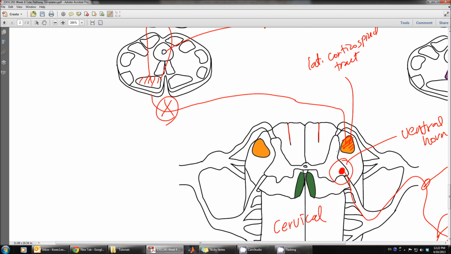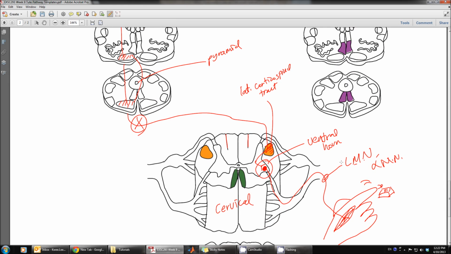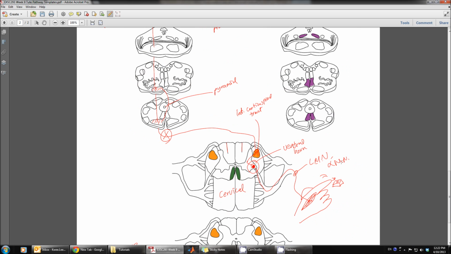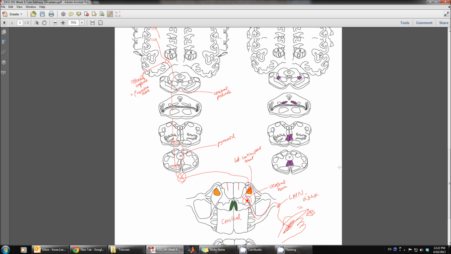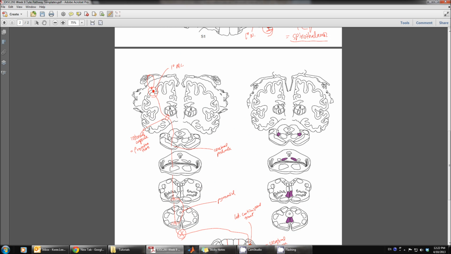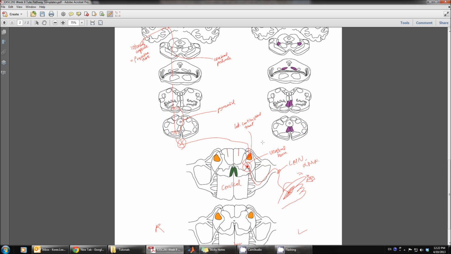From this tract, the terminal axon will go outside the tract and synapse with this lower motor neuron. So that's our lateral corticospinal tract to move our hand. You can see we started off at the right side of the hemisphere, and now we are controlling the left side of the hand. So that's the first question.